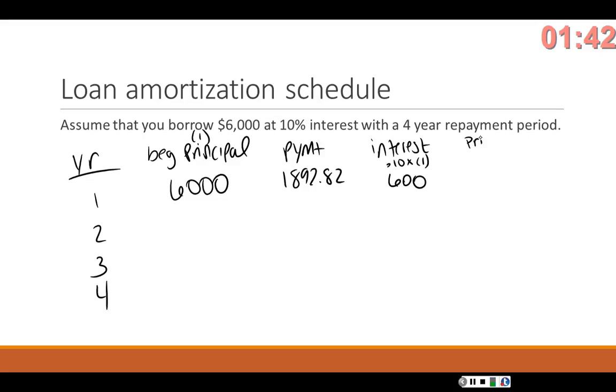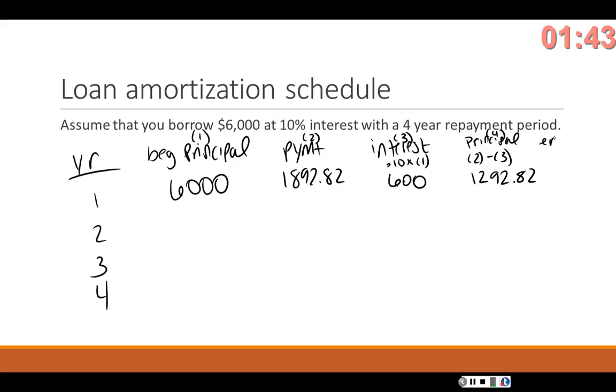The amount that goes towards principal, column 4, would be column 2 minus column 3. The payment minus the interest is the amount going towards principal. So $1,892.82 minus $600 leaves you $1,292.82.